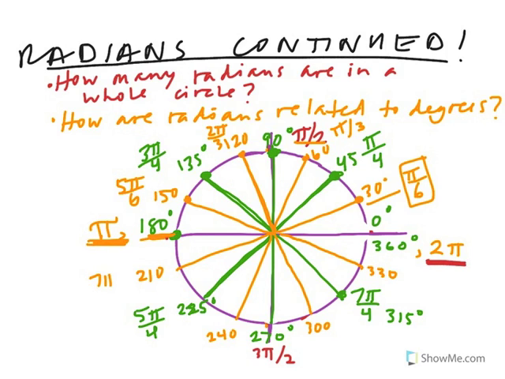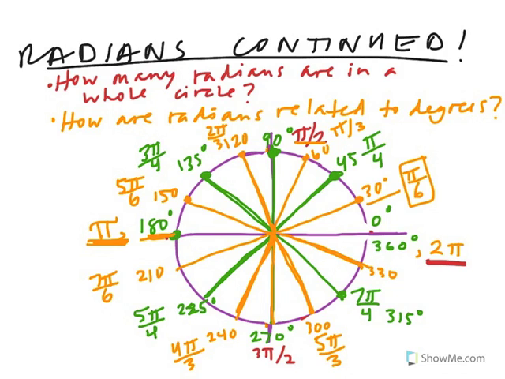210, 7 pi over 6 radians. 240, 8 pi over 6, which is just 4 pi over 3. 270 will be 9 pi over 6. We already have that. 300 is 10 pi over 6, which I'll just reduce.